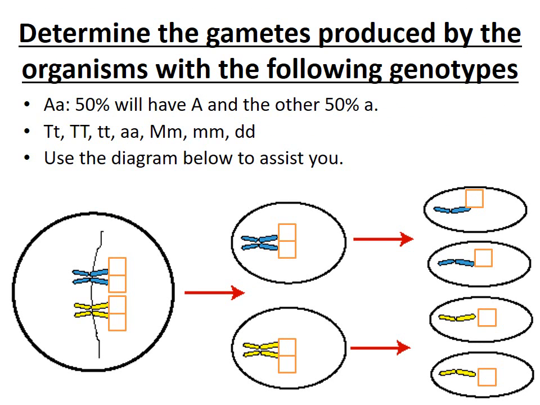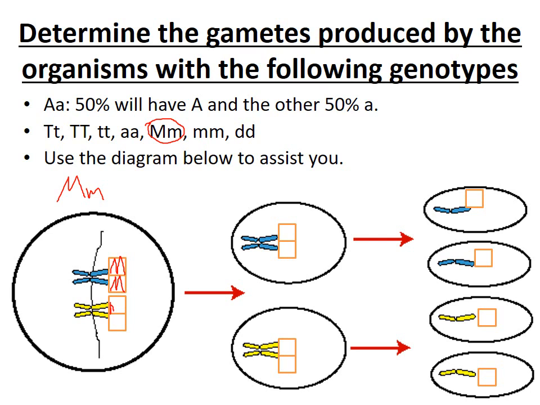So you should be able to try an example like this out. Determine the gametes produced by the organism with the following genotypes. Let's just select one sample problem. I'll do big M, little m. That means one of my chromosomes has big M on it. Remember, DNA duplicates, that's why there's two big M's there.